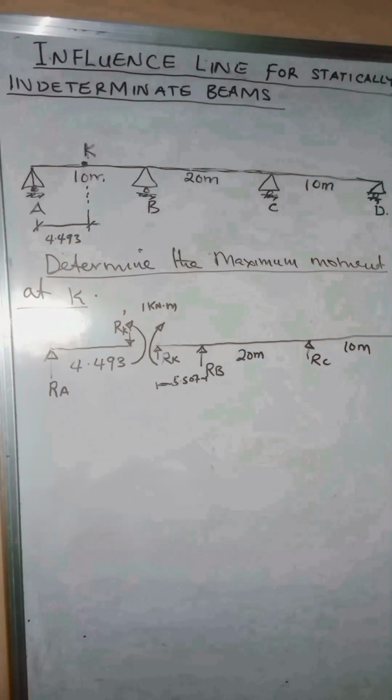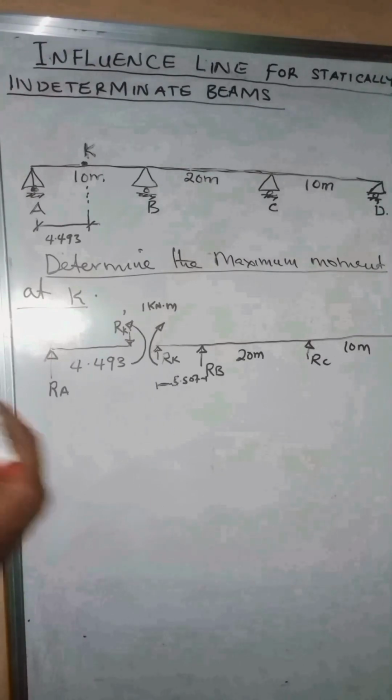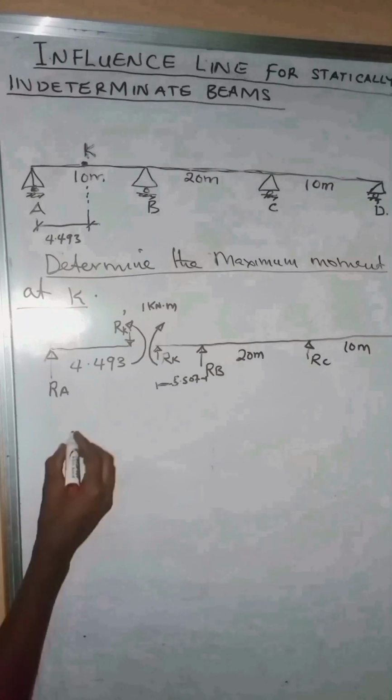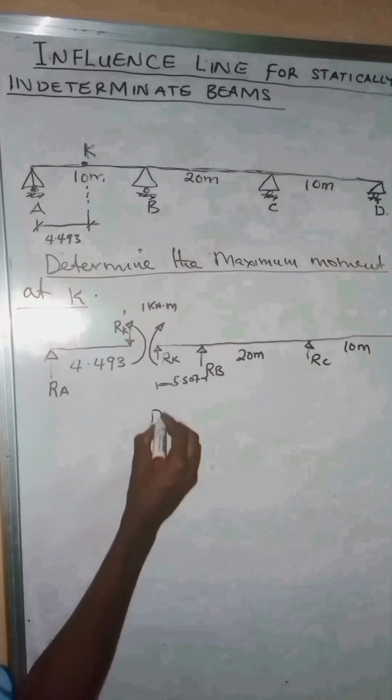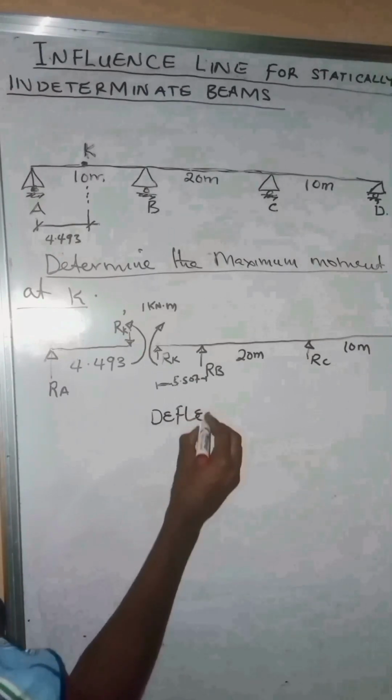The next thing we're going to do is to obtain the reactions of the beam. Now the beam has been divided into two parts, as you can see. So we're going to obtain the deflected shape.